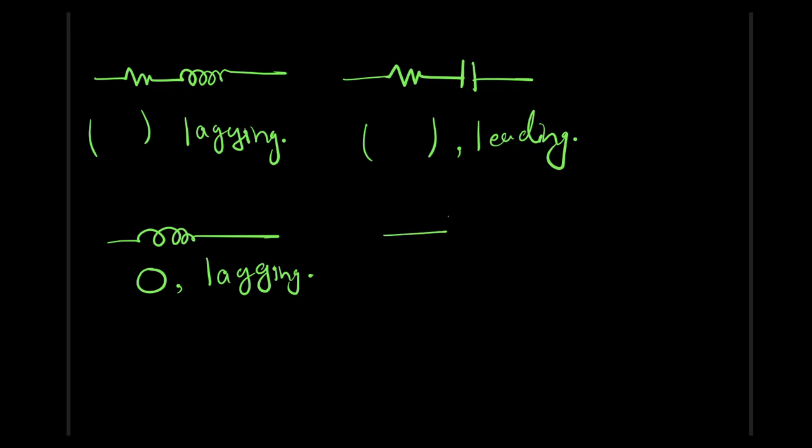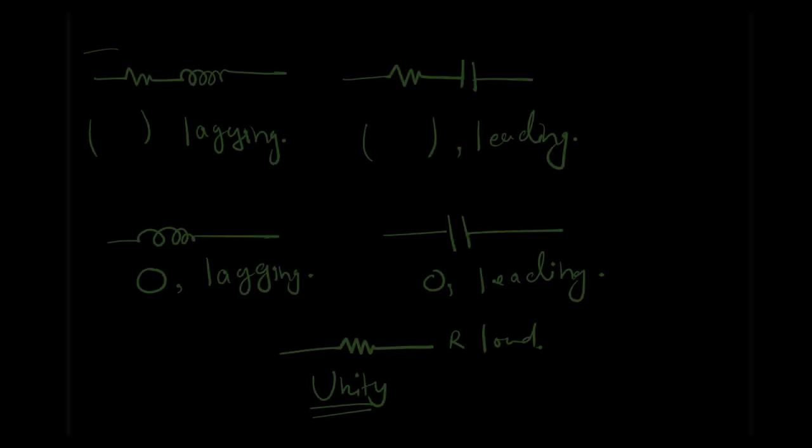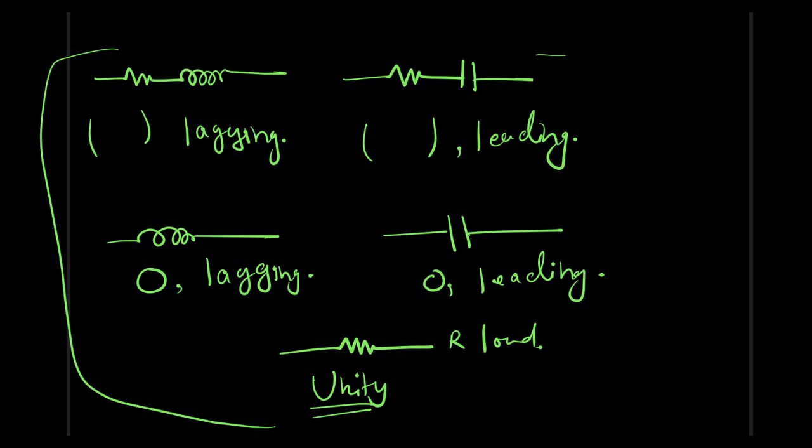In case of purely capacitive load, power factor will be 0 and leading. And in case of purely resistive load, R load, power factor will be unity. It will be 1. So these are some points.